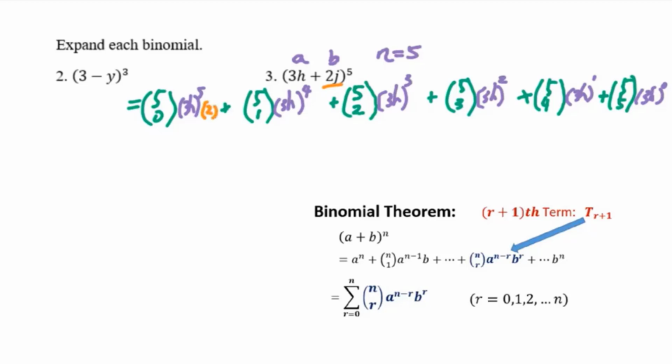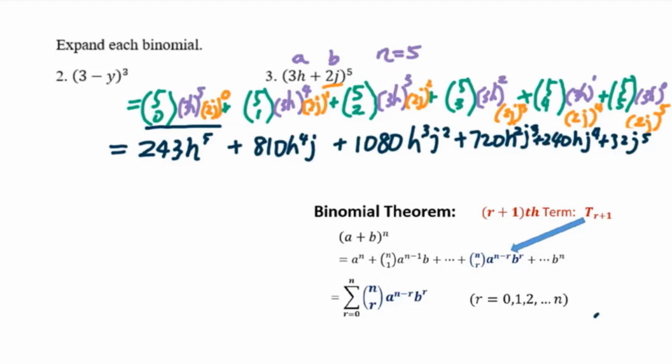We do (2g) to the 0 power, (2g) to the 1st power, (2g) squared, (2g) to the 3rd power, (2g) to the 4th power, and then you have (2g) to the 5th power. Then you work each term out. This will be your answer.